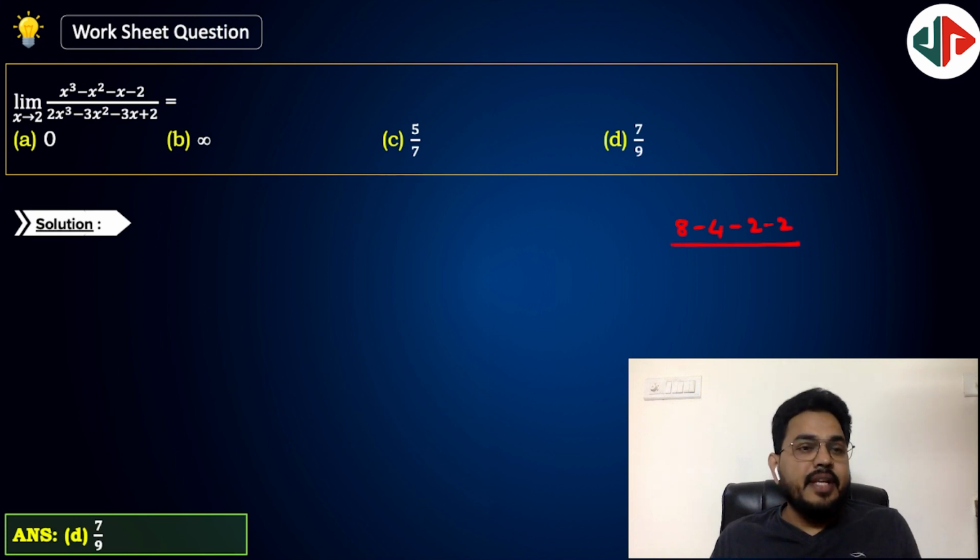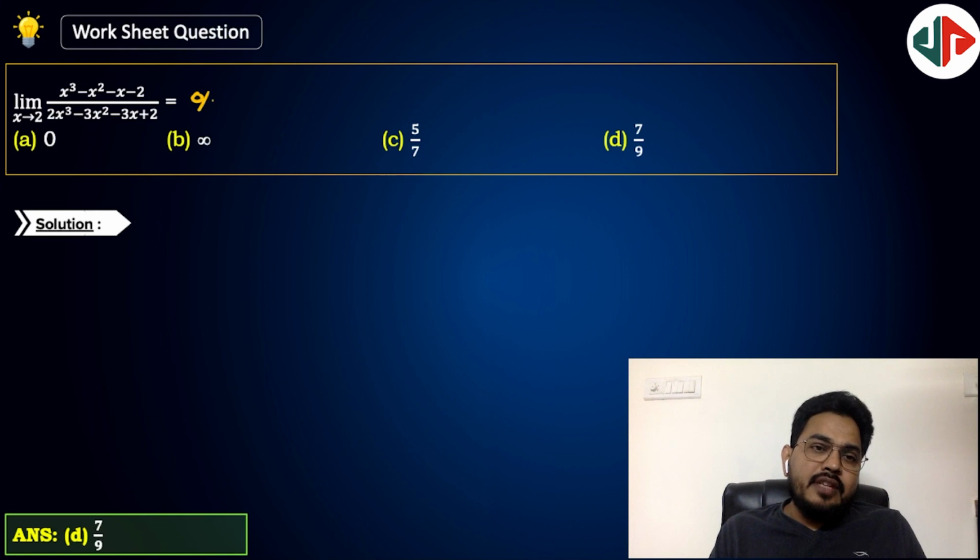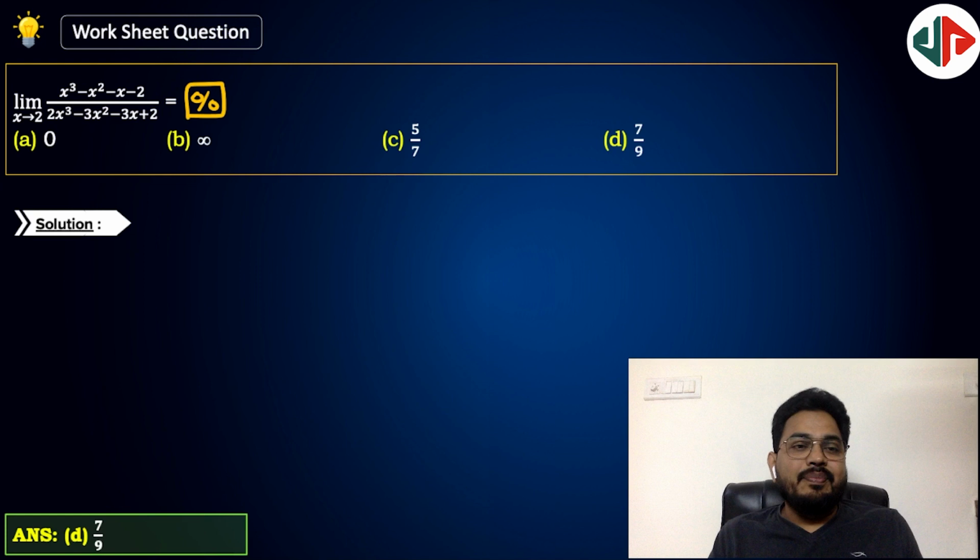In the denominator, 16 minus 12 minus 6 plus 2, which is also 0. Clearly you get 0 by 0 form in both the numerator as well as the denominator. It is your choice to go for either expansion or L'Hospital rule.